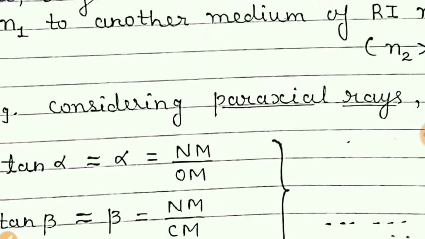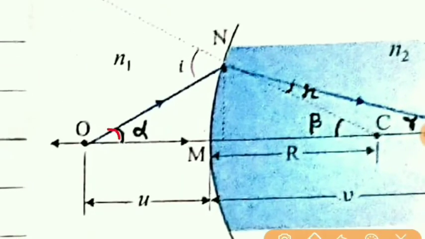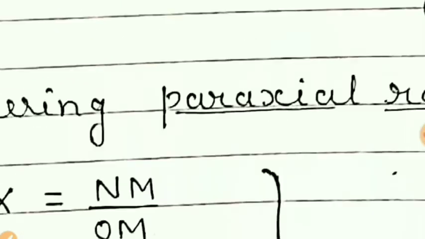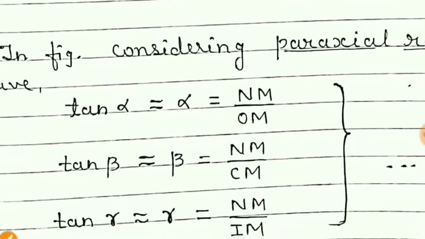So now with respect to this angle alpha, if we consider this triangle, then tan alpha is opposite upon adjacent. So it is NM upon OM. So I have written tan alpha is equal to NM upon OM.